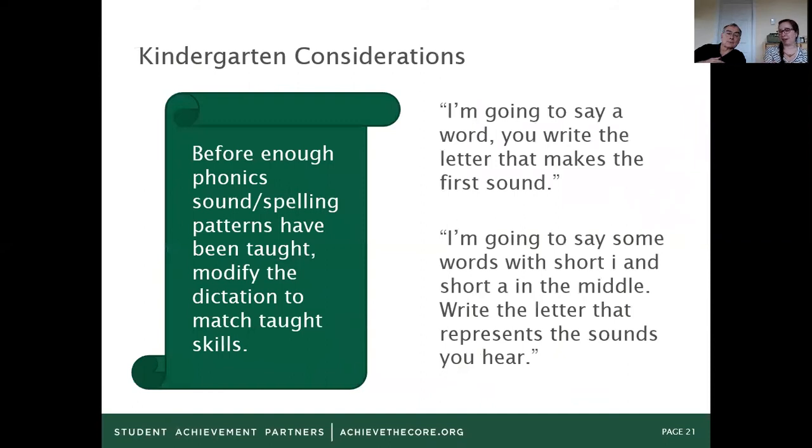In that case, the modification might be to say words and have the kids write the letter that makes the first sound. As you move into vowel sounds, maybe students would be listening for the short vowel that they hear in words. So you can modify that dictation until they've learned enough skills to make up a word list that allows you to get to 10 words.